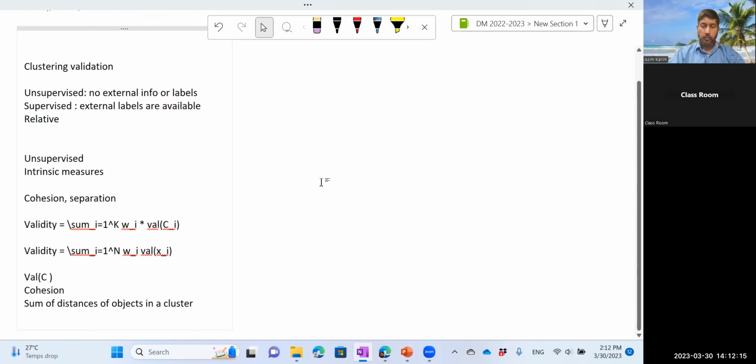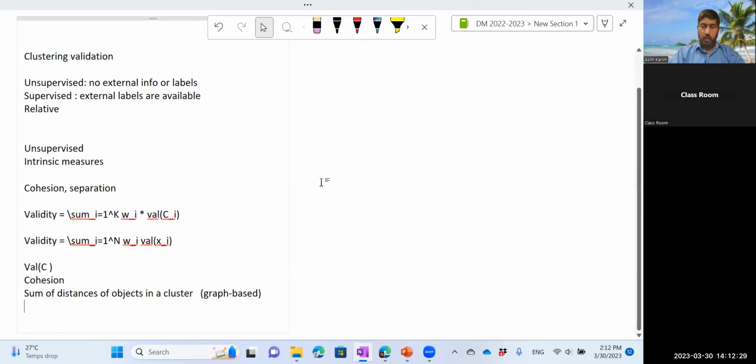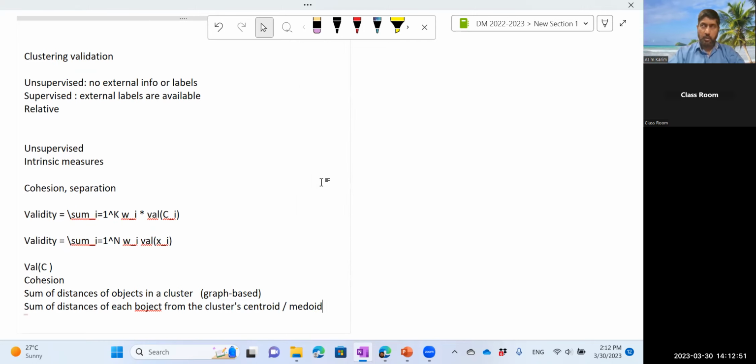So what else? You can also use, by the way, the sum of pairwise distances, this is more of graph-based notion, of course you can apply it to any data set, but it comes from the graph-based notion of clusters. The other could be sum of distances of each object from the cluster's centroid slash medoid slash mean.